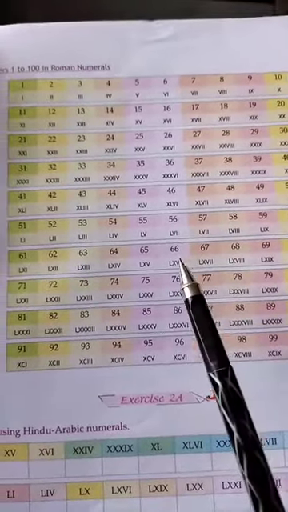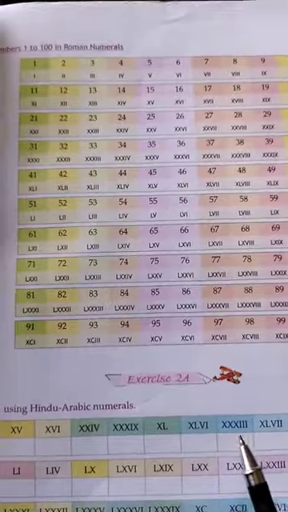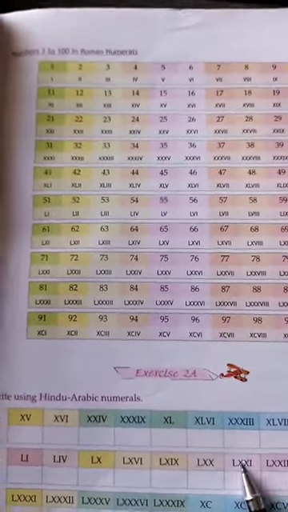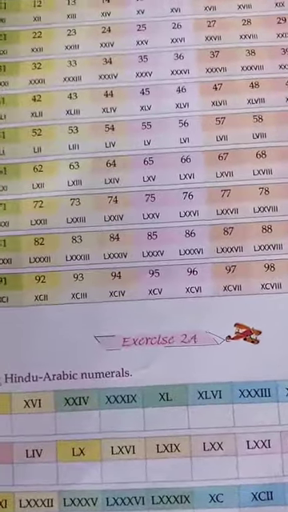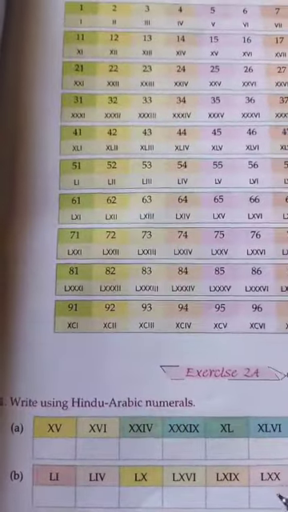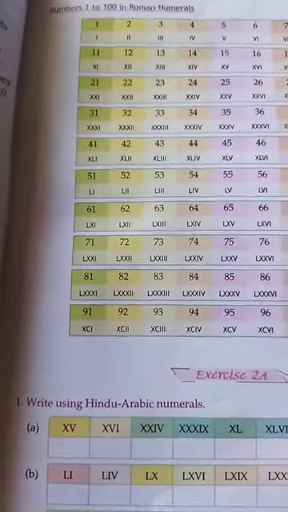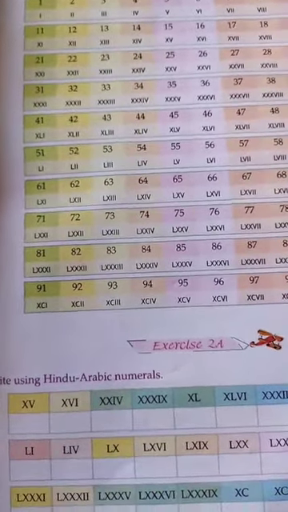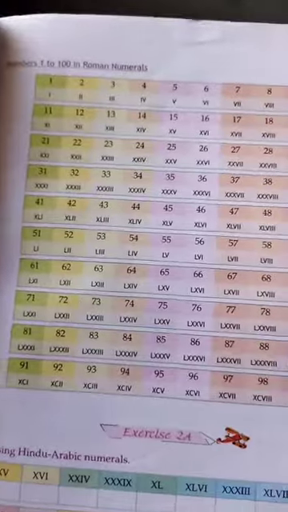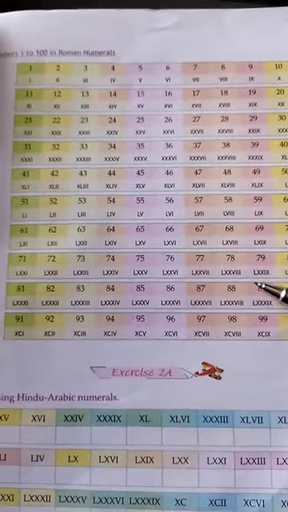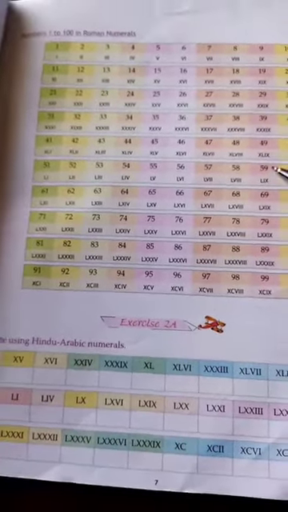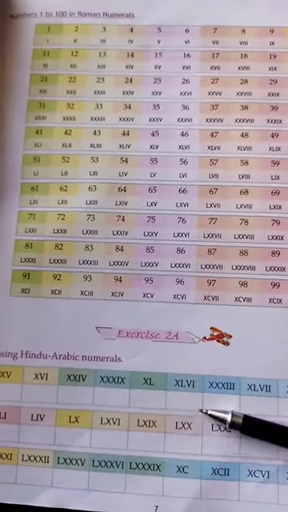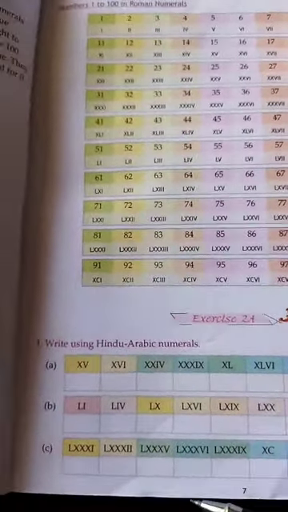If you go through this table, then the exercise will be very easy for you, because in this exercise the questions are like this: you have to change numerals into Roman numbers or Roman numbers into numerals. If you learn this table thoroughly, then you can very easily answer these questions.